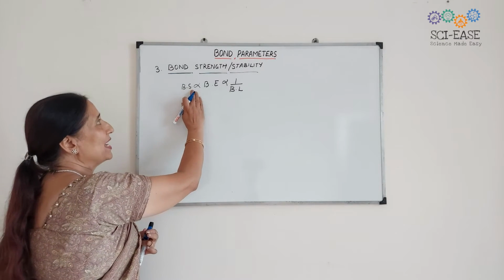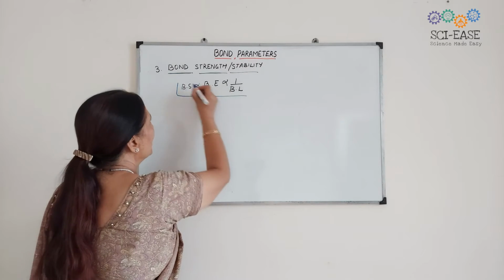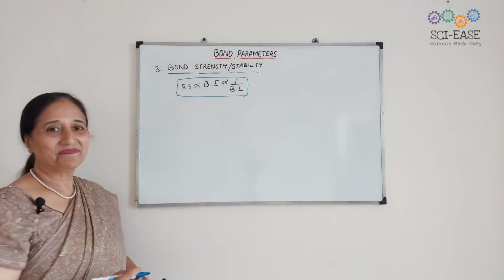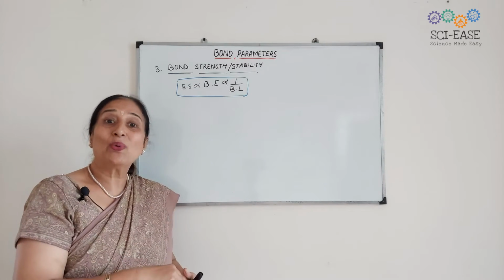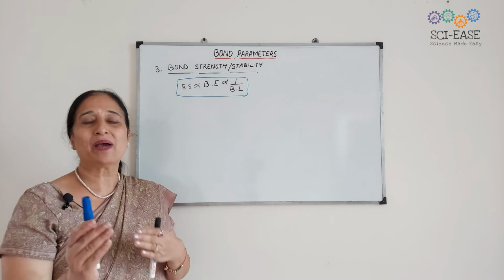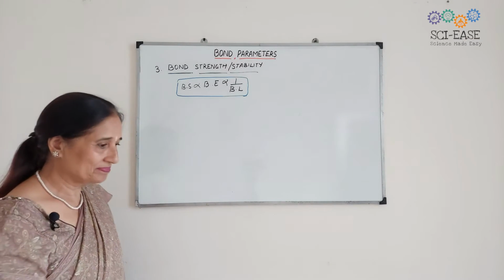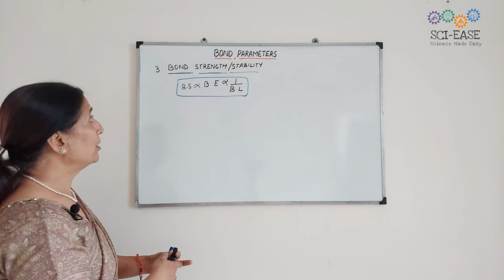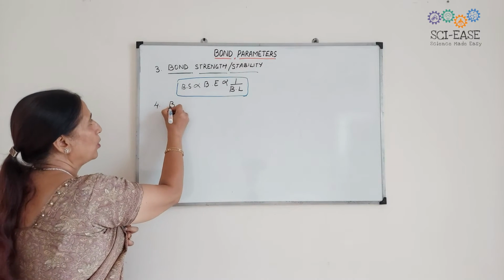Both bond strength and bond enthalpy are inversely proportional to bond length. So when you know this relationship, you can answer questions related to these parameters easily. Now next is the fourth bond parameter, that is bond order.